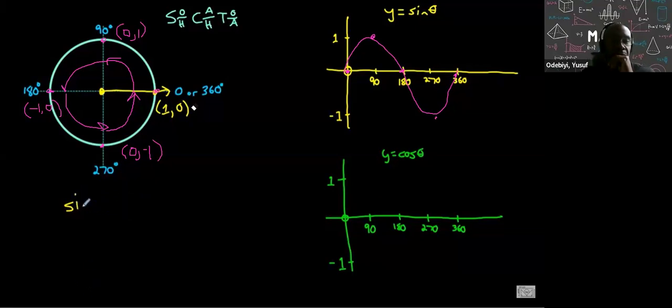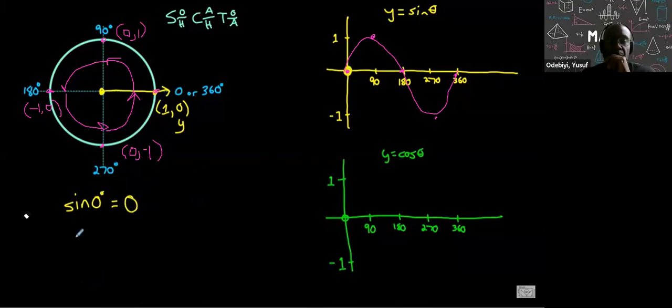If I want sine of 0 degrees, I just need to look at the y coordinate of where it intersects the unit circle when we've rotated 0 degrees from the initial arm. The y coordinate is 0. So sine of 0 on the graph is going to start right here. It's going to have a sine ratio of 0.